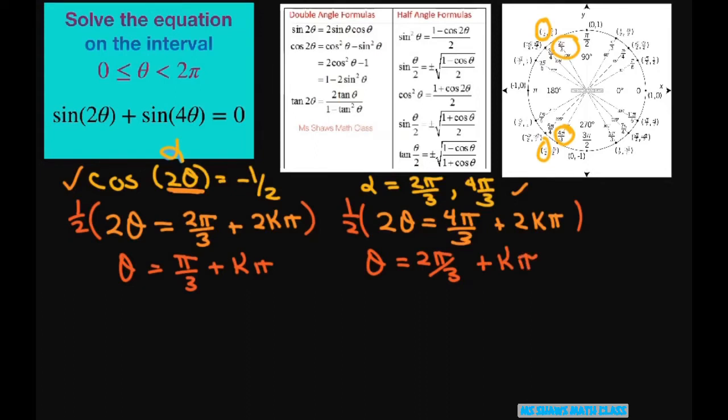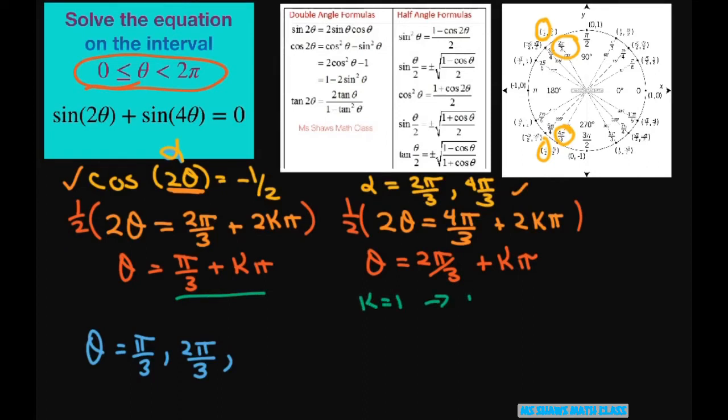Now I have to find all the solutions on the interval 0 to 2 pi. So if k is 0, then we just have pi divided by 3 and 2 pi divided by 3. Let's look at k equals 1.